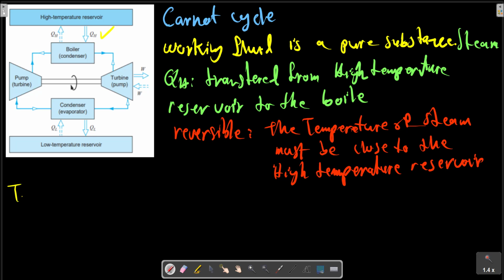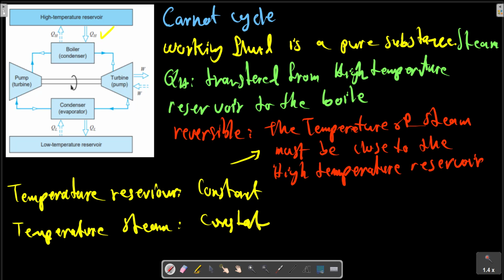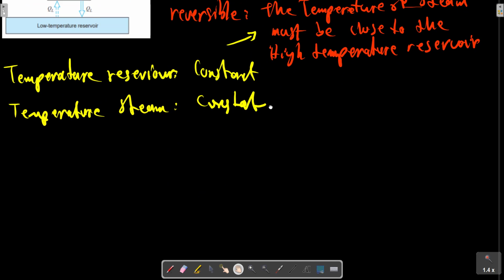So the temperature of the steam must also be constant for a reversible process.